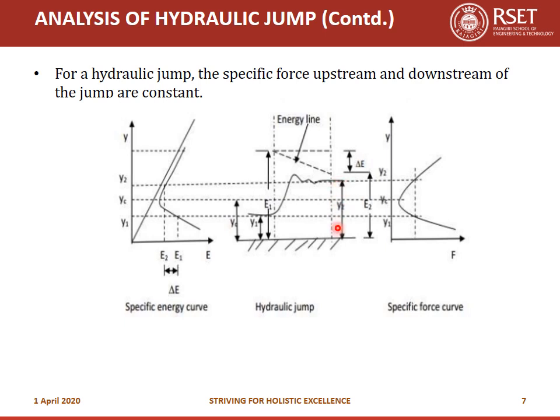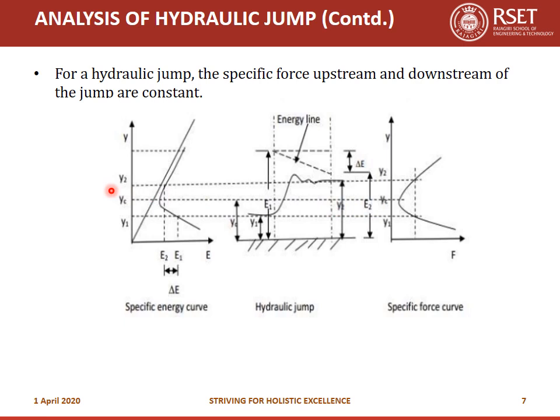So the energy of flow downstream with flow depth Y2 would be lesser than the energy upstream with flow depth Y1. So Y1 and Y2 of a hydraulic jump do not correspond to the same value of specific energy. However, they do correspond to the same value of specific force.